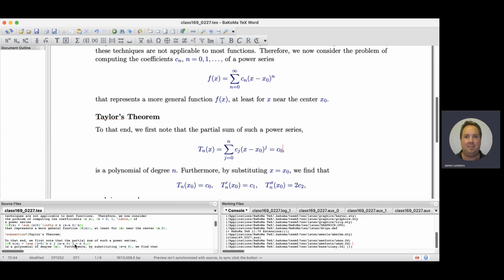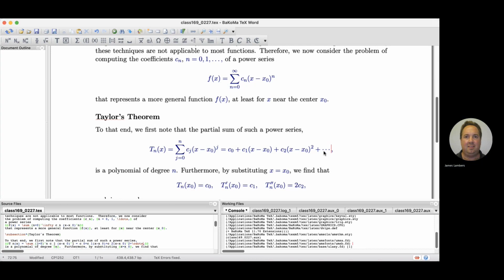So we have c naught plus c1 times (x minus x naught) plus c2 times (x minus x naught) squared, and so on. If I take the derivative of this with respect to x, this term goes away, I get c1 here, and then I get 2c2 times (x minus x naught) to the first power, and so on.